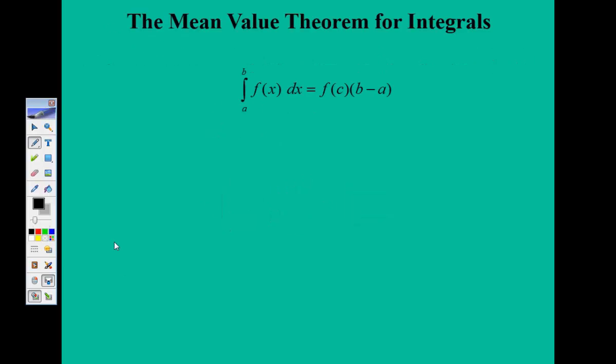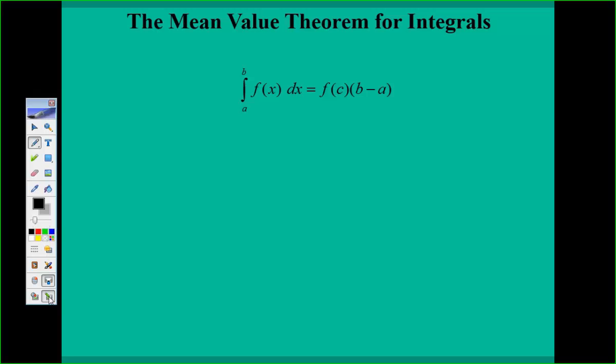Here's the mean value theorem for integrals. This should look very familiar because we just looked at 1 divided by b minus a times the integral from a to b of f of x dx equals our average value, f of c.